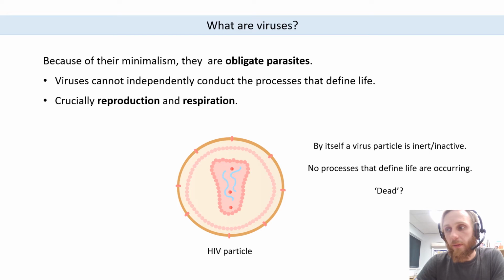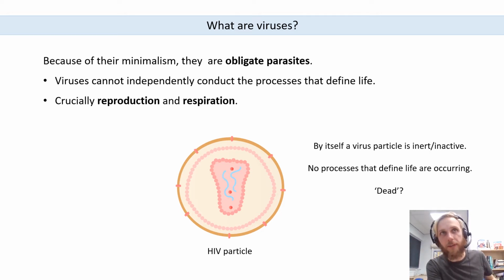The predominant feeling amongst a lot of experts and academics, and I kind of agree, is that the most useful way to think of this is to think of viruses as having a dead stage and an alive stage. So when they're outside the body, they're dead, they're inert. Again, we avoid saying dead because it evokes certain philosophical implications, and dead means a lot more than what we intend it to mean in this context.